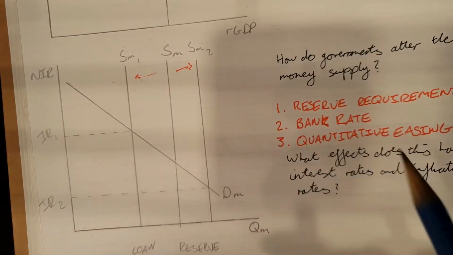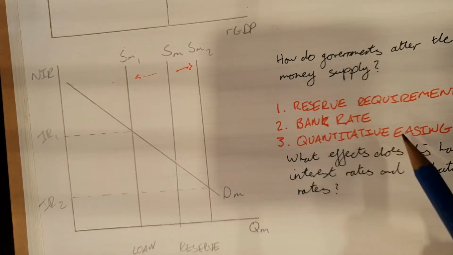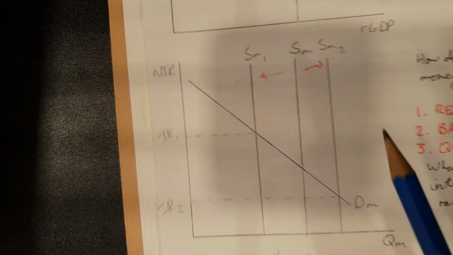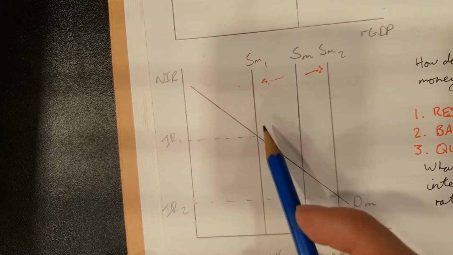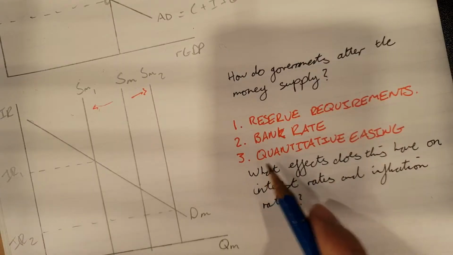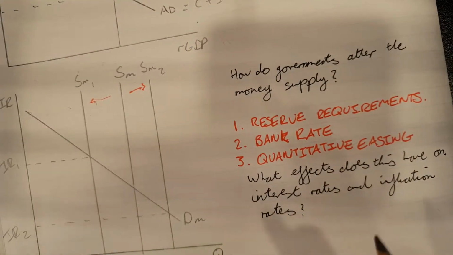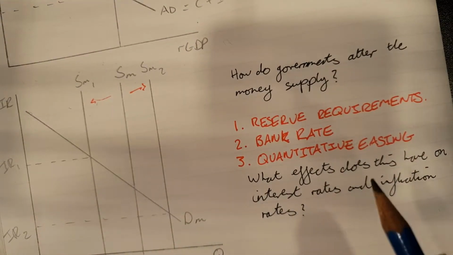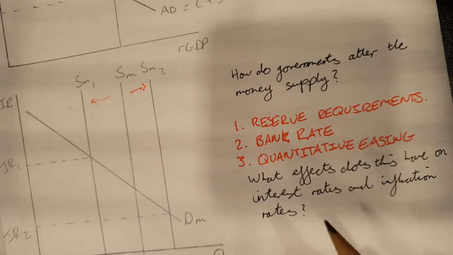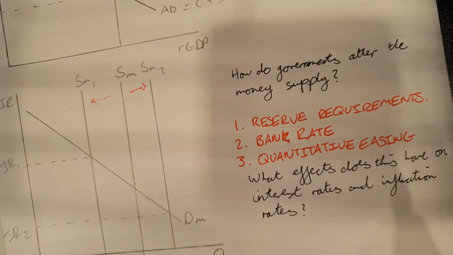So let's say you raise the bank rate. This means that banks are less inclined to borrow from the central bank and thus have less money to loan out. So what you've done is contracted the supply of money, which has increased interest rates. Number 3 is quantitative easing. This is quite a famous method because it's been used a lot recently. The Eurozone is almost done with their quantitative easing program, but it's essentially governments buying corporate bonds to inject money into the economy.